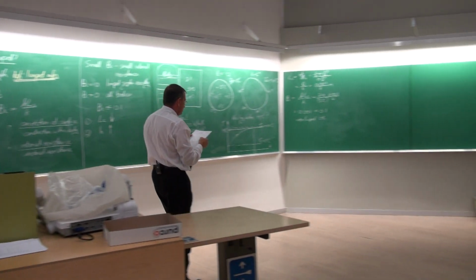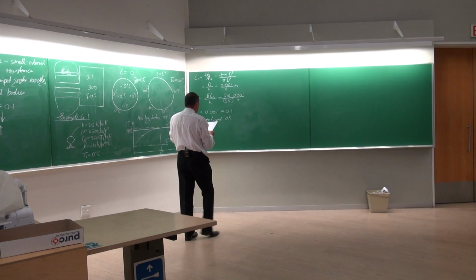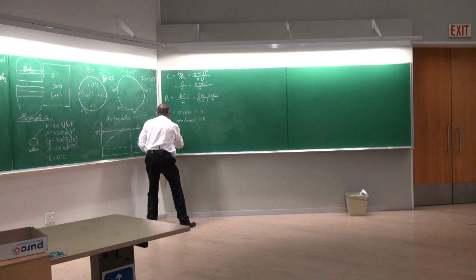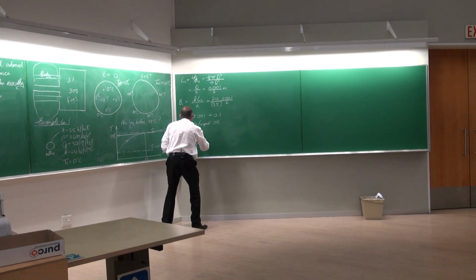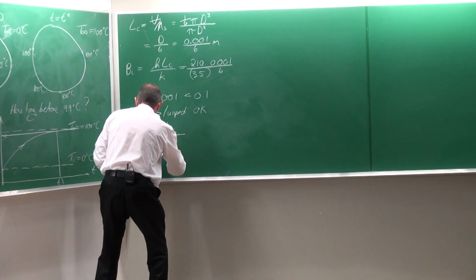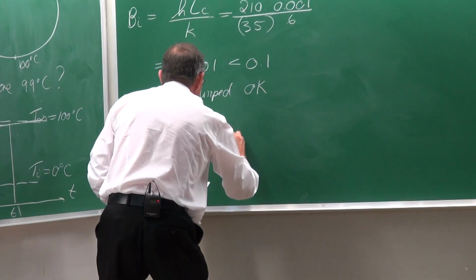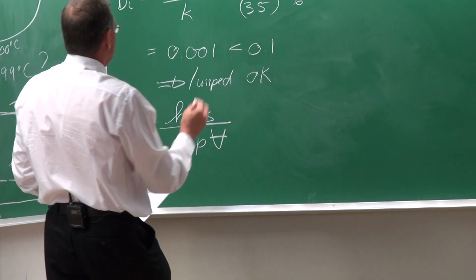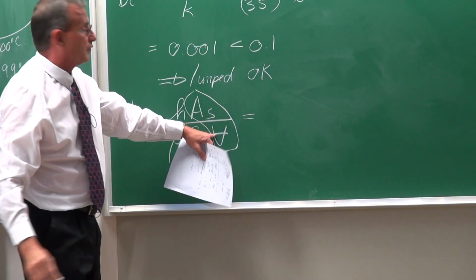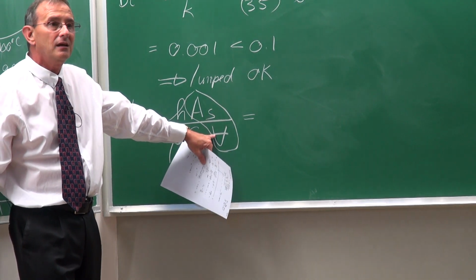Okay. Right, so we can use the lump system approach, and we can calculate the value of B, which is equal to the heat transfer coefficient multiplied by the surface area divided by rho Cp in the volume. Take note that that is of course the characteristic length there.